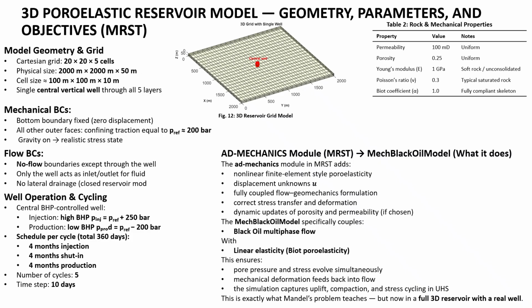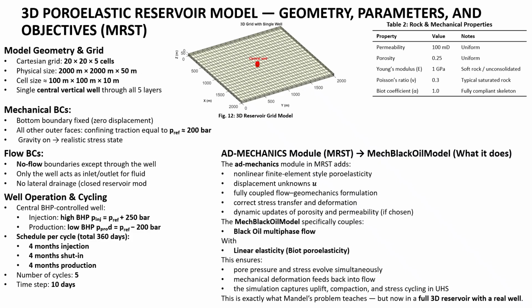Specifically, we want to understand how pore pressure near the well builds up during injection, redistributes during a shut-in period, and relaxes during production. Also, how effective stresses and deformation evolve, including the risk of shear failure, which we would assess through the use of the Mohr circle, compaction, or uplift.